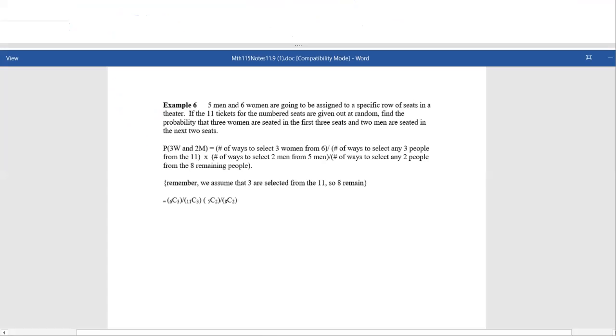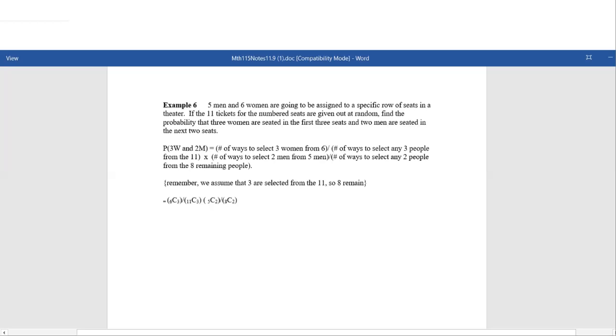Okay, we got one more here. Arrange 5 men and 6 women in a row of seats. You have 11 tickets. Find the probability that 3 women are seated in the first 3 seats and 2 men are seated in the next 2 seats. So we're going to use the counting principle, which is the multiplication principle of counting, and we're going to use our combination theory.